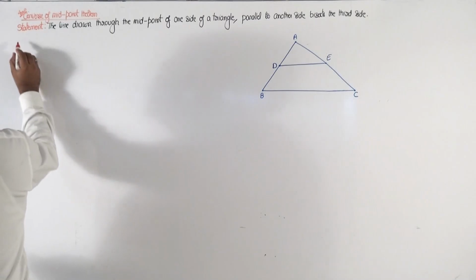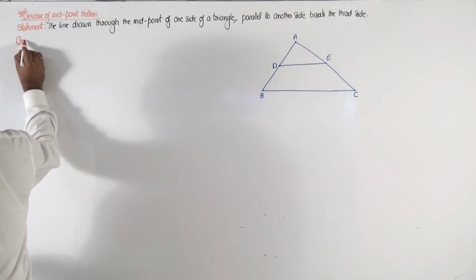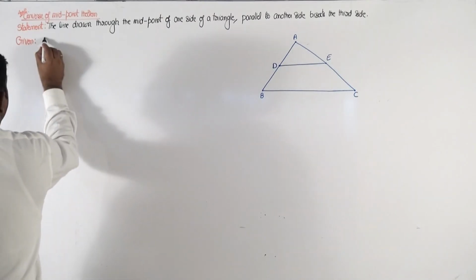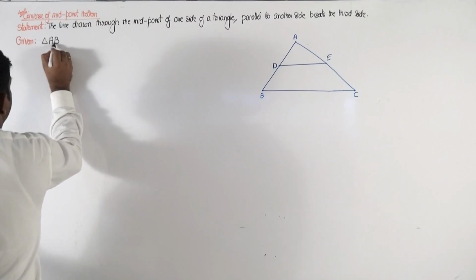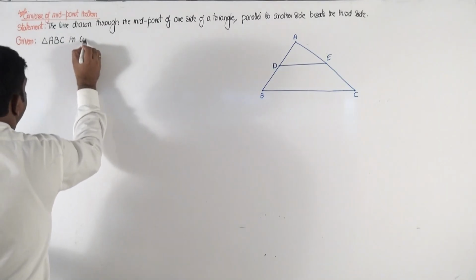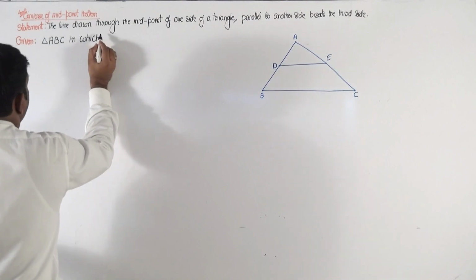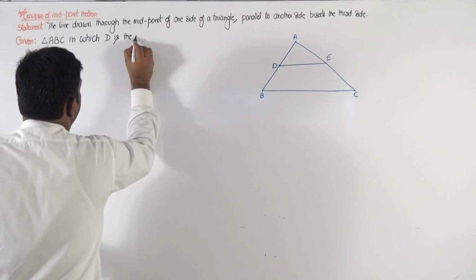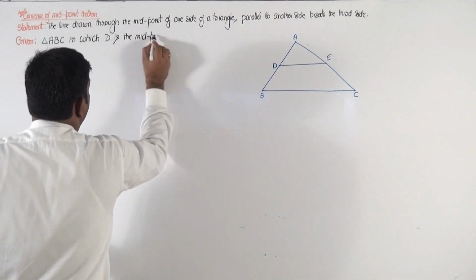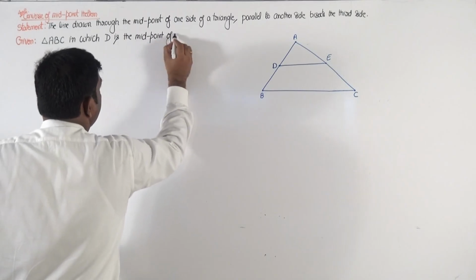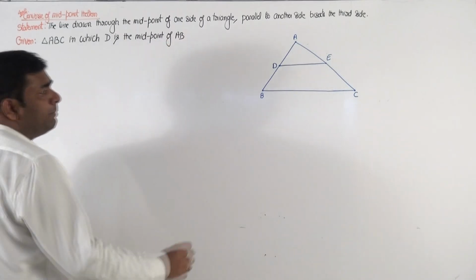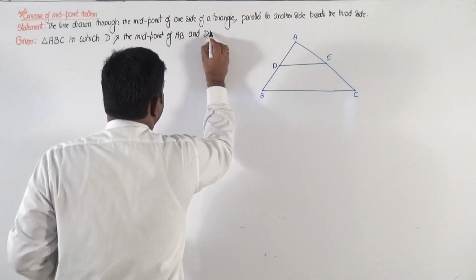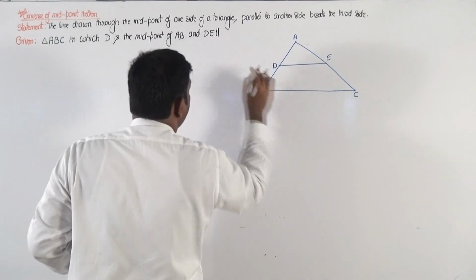So given: triangle ABC in which D is the midpoint of AB and DE is parallel to BC.